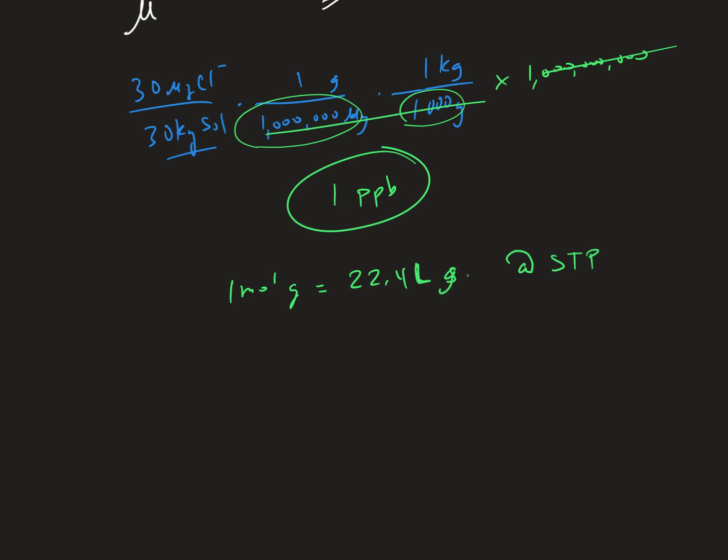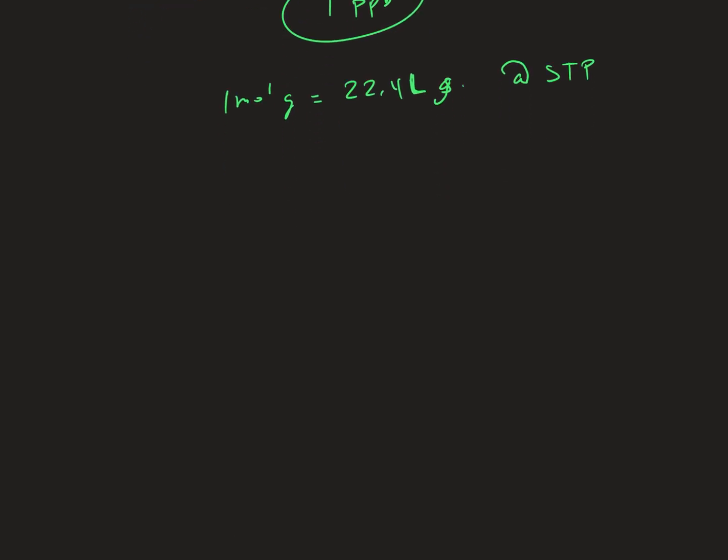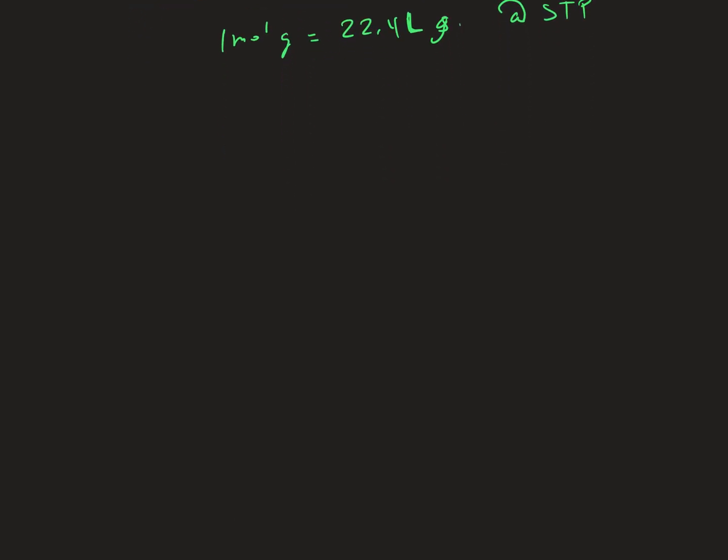Okay, what other question? Number 9, and then what? Number 11. Okay, let's do 9 and then 11. Number 9 says, determine if a given change of phase is exothermic or endothermic. So this is kind of like this. H2O as a liquid going to H2O as a solid.